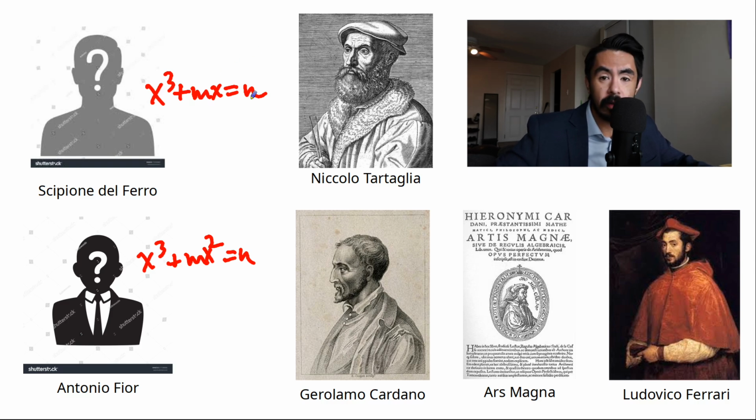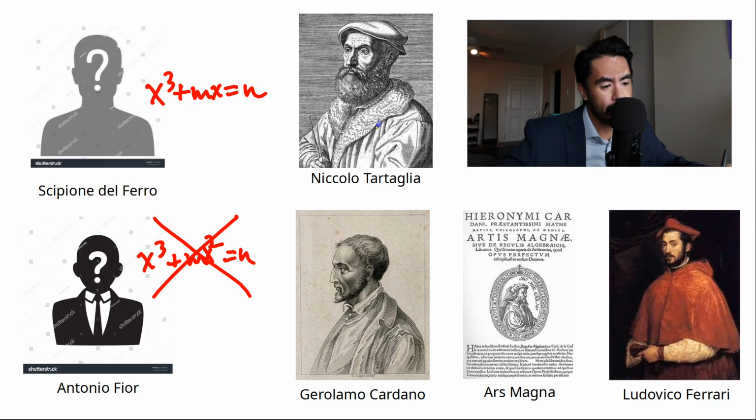So when it came down to the competition with Fior, Fior was not able to solve as many problems as Tartaglia because those x cubed plus mx squared had that quadratic term in there. He was tripped up by that, and so Tartaglia won.